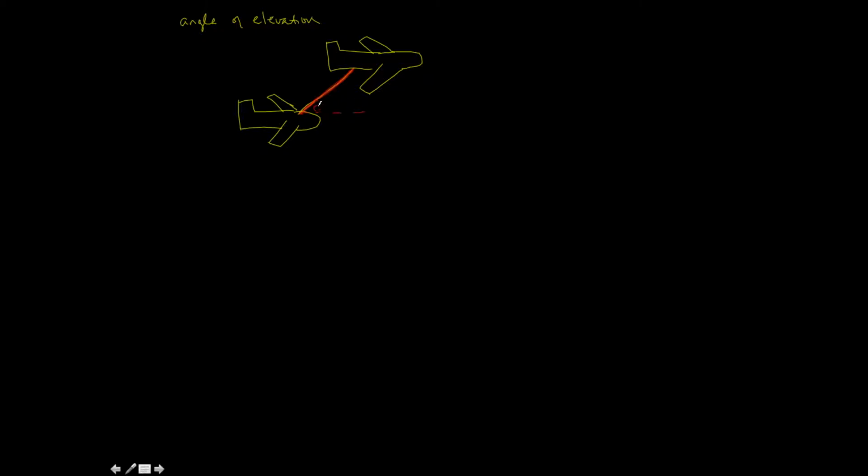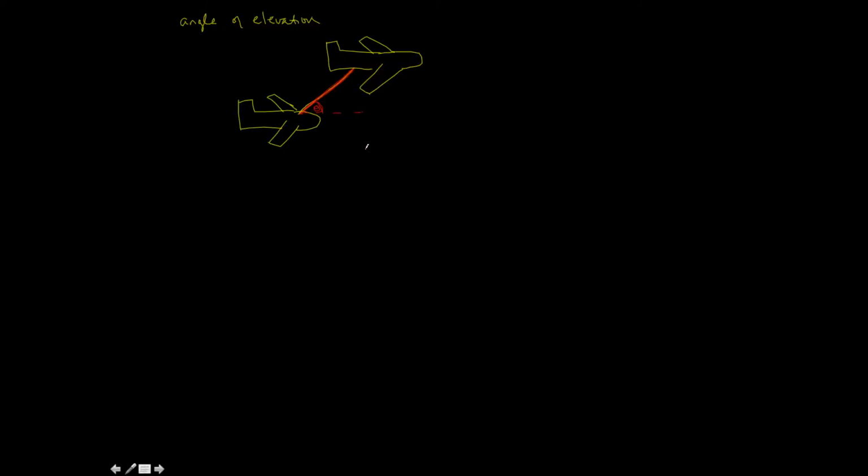So this would be our theta, our angle of elevation, because it has to go from the horizontal upward to be elevated. It couldn't be up here, because that would be depressed.